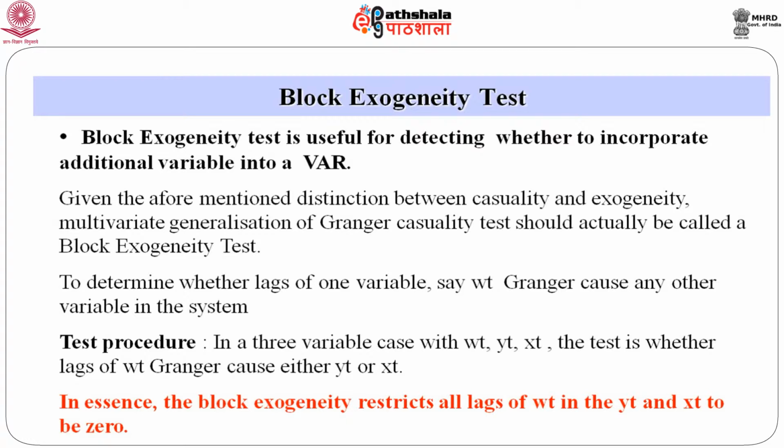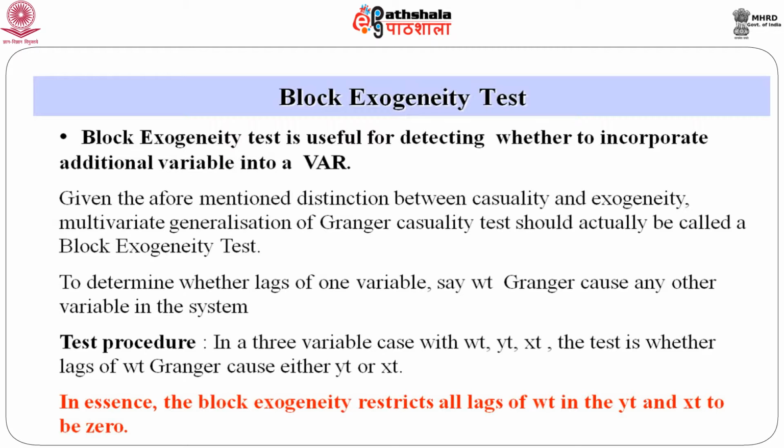Given the aforementioned distinction between causality and exogeneity, the multivariate generalization of the Granger causality test should actually be called the block exogeneity test.